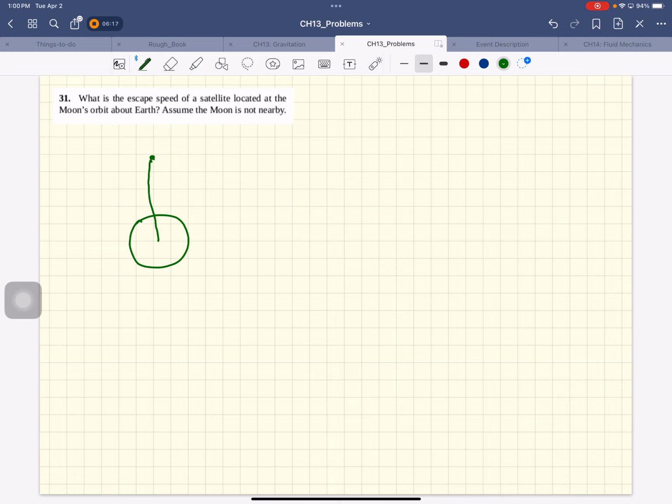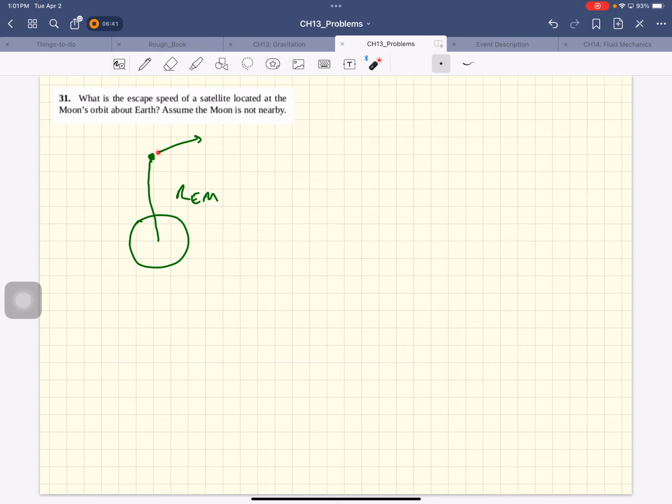So we'll have to look up Earth-Moon distance. Okay. They want you to find the escape velocity from there. So let's say that that object is hovering over there and it wants to fire its rockets and escape the Earth's grip.